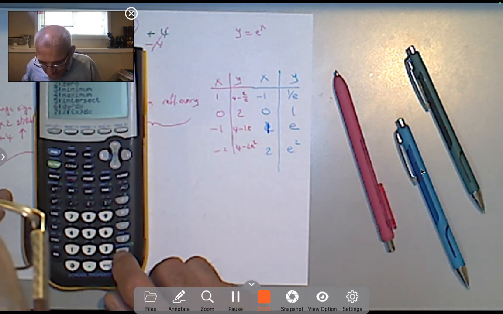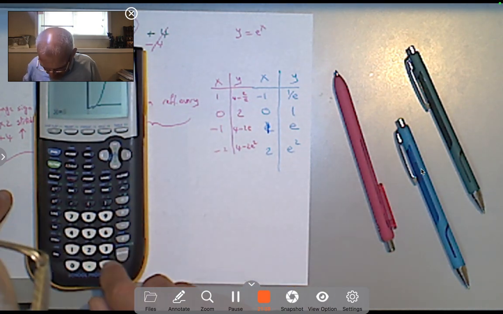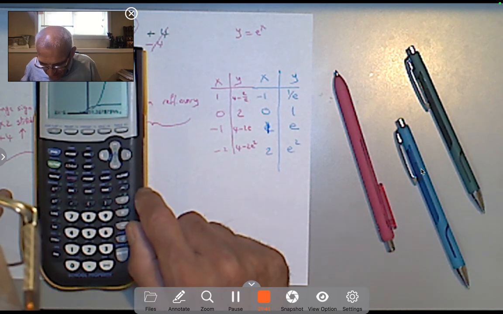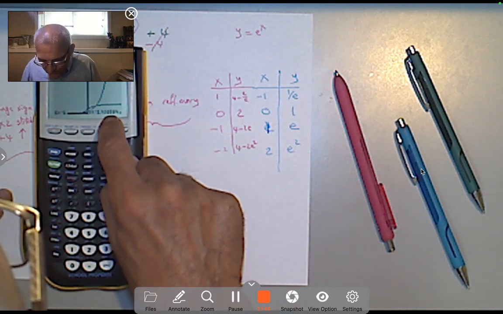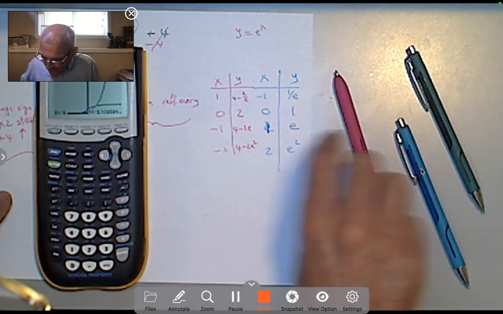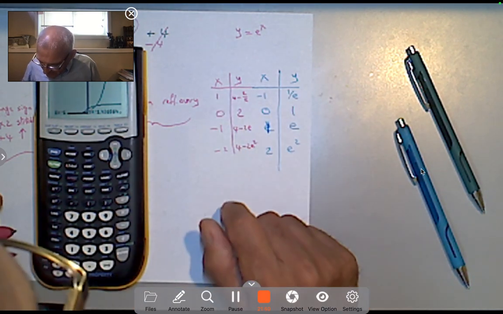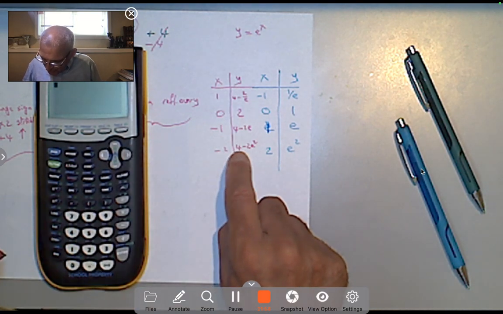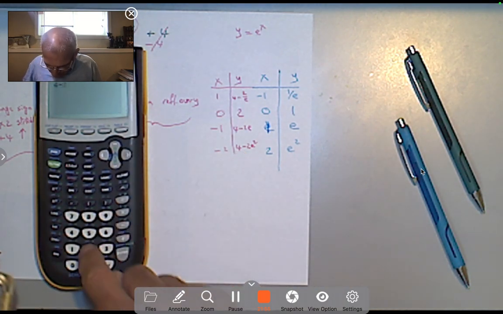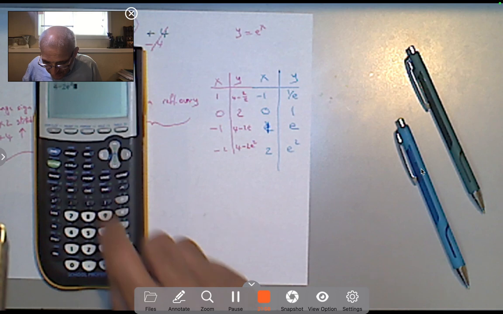So if we say x is negative 1, yeah, negative 1.437. If we try 0, we already did that. How about negative 2? Let me do 4 minus 2e squared.